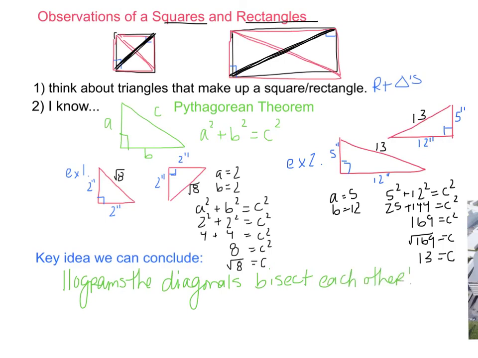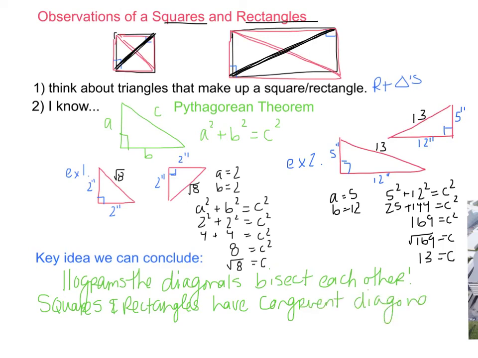And that is true. But these aren't just parallelograms, they're special parallelograms. They're squares and rectangles. So I know that squares and rectangles have congruent diagonals. We just showed that right now.